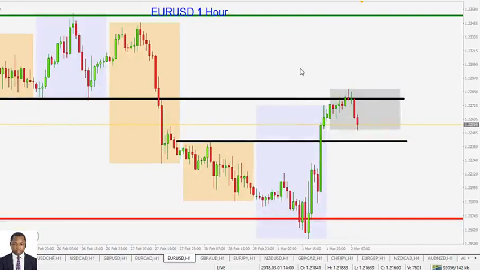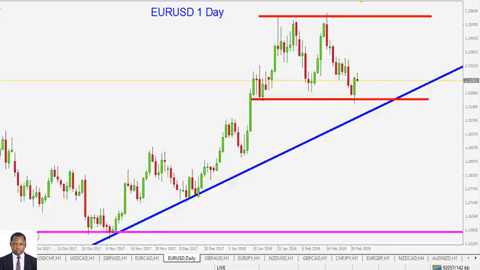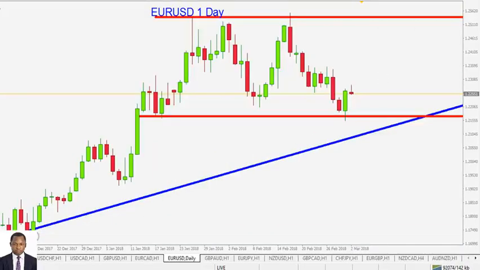Okay, the euro against the American dollar. Well, price finally bounced off that area that we have been following for some time now as a support. I believe for today, with that bullish engulfing candle for yesterday, the combination of the last two candles here, that's a bullish engulfing candle, which is actually a hint that the buying pressure is more for the euro against the American dollar.